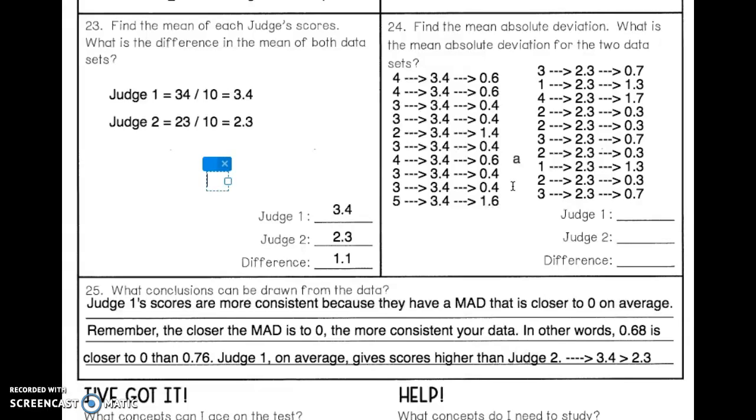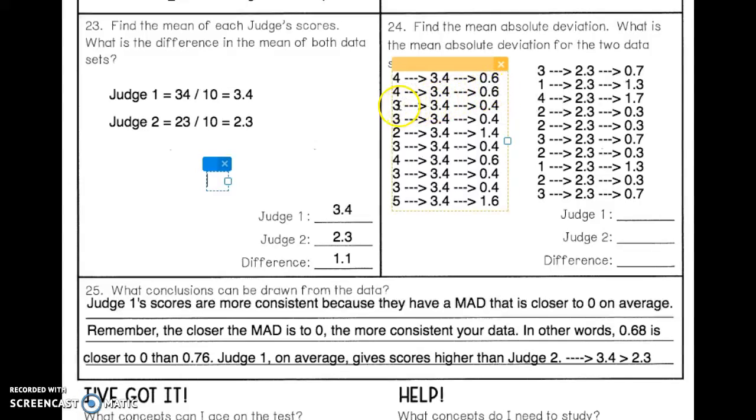What is the mean absolute deviation for the two data sets? Well, here is Judge 1, and the first column here is the scores that they gave out. The second column, I put down Judge 1's mean. And then the third column is the mean absolute deviation. Where did I get 0.6? Well, if you take 4 and subtract 3.4, you get 0.6, which means you'd get the same thing here.